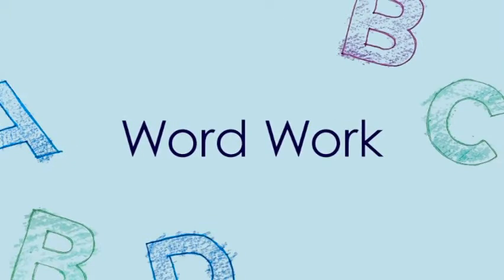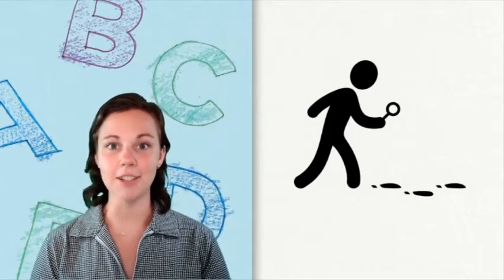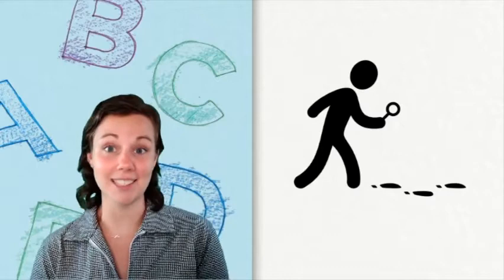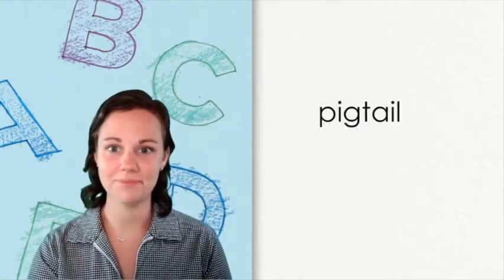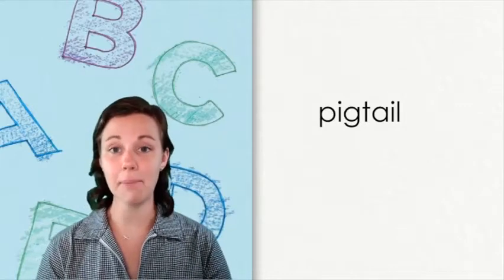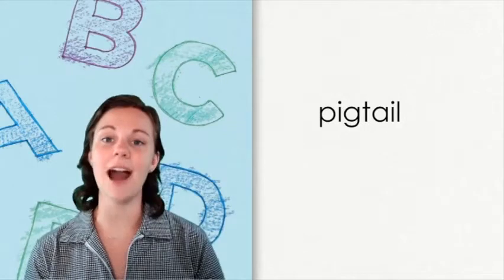Word work. All right, detectives, it's time for our syllable sleuth practice. Let's go ahead and look at today's word together. Here it is. I remember that the first step of our syllable sleuth practice is to identify the vowels.